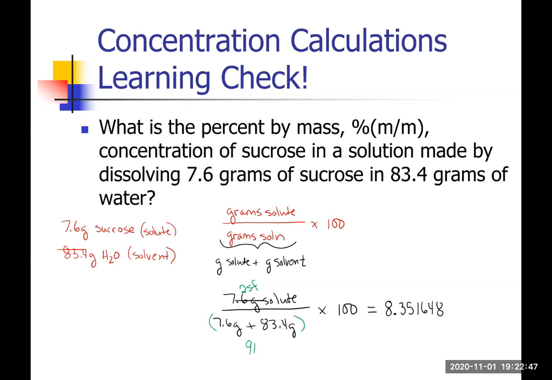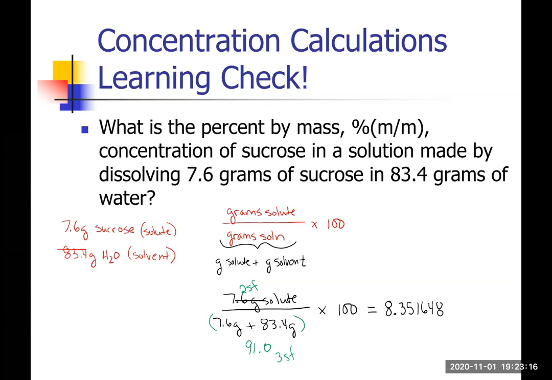I know that the addition subtraction rule says that my answer is going to contain the same number of digits to the right of the decimal as my data value with the least number of digits to the right of the decimal, and both of those data values have one digit to the right of the decimal. So this is going to have to be 91.0. 7.6 is two significant figures. 91.0 is three significant figures.